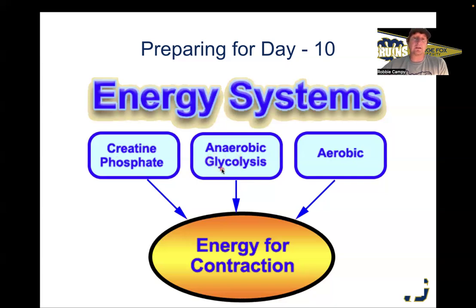The root word glyco is referring to glycogen, or you will also recognize glucose in there. So without the use of oxygen, we're going to be breaking apart glycogen and sugars to create energy. And then the last of the three systems is aerobic. That's where we're going to see the most efficient system, with the ability to regenerate the most ATP. But let's make that a little clearer.